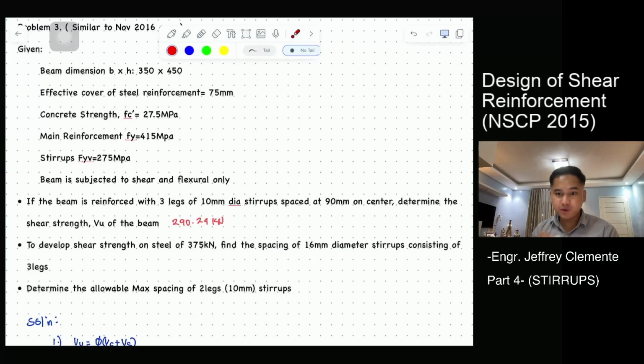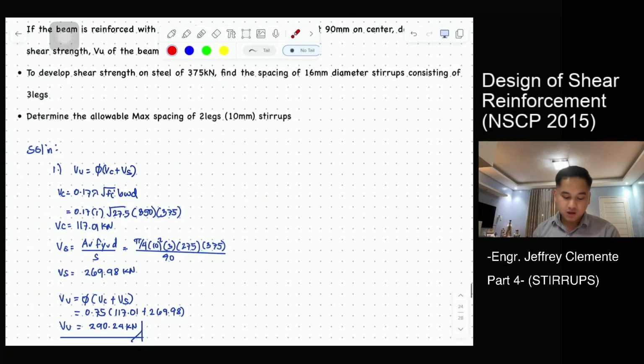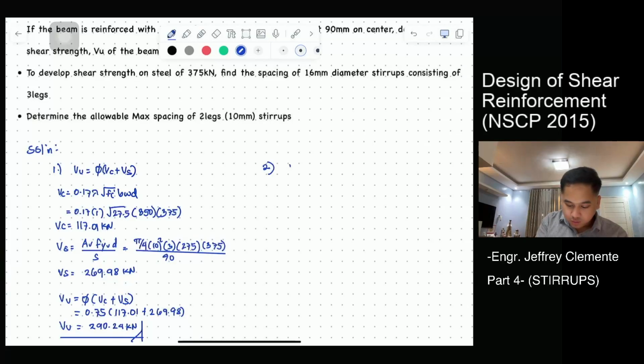So this is spacing due to strength requirement. Ang strength requirement galing lang dito yan. Ito yung Vs. So if you want to get the spacing, we just have to get the inverse: Av fyv d over Vs. Binaliktad lang natin yung formula.